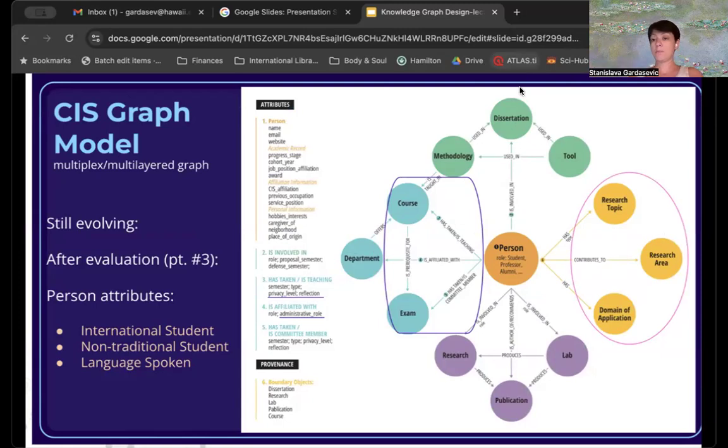And one of the main classes or categories here is dissertation, because we're all about that. So the dissertation mentorship network is one of the core networks here. And then another one is the publication co-authorship network. So these are the main products of people's work, publications and dissertations.